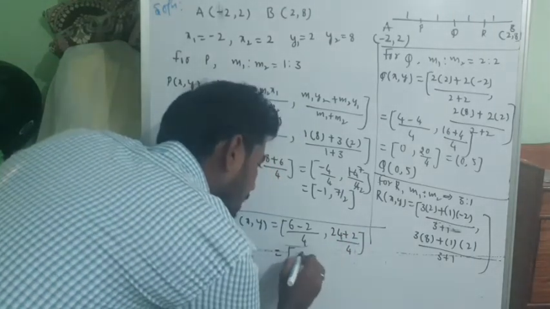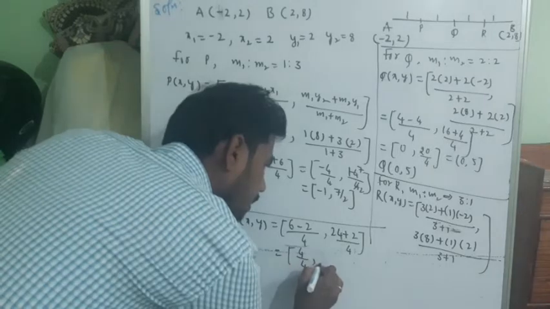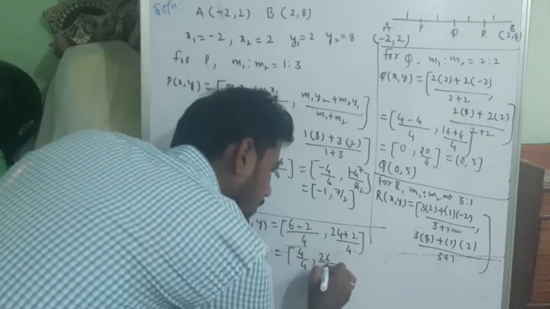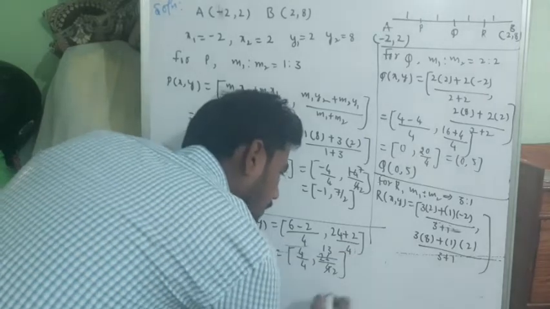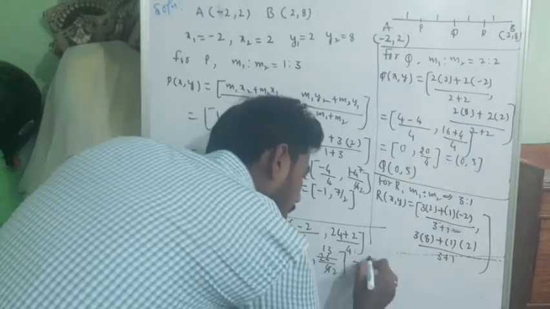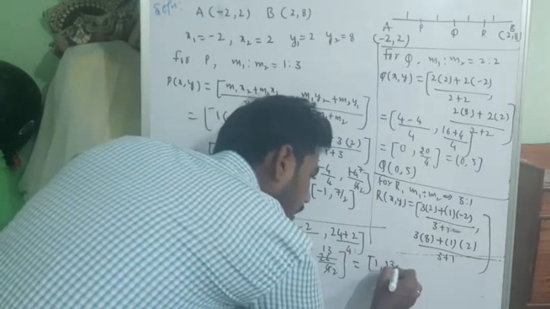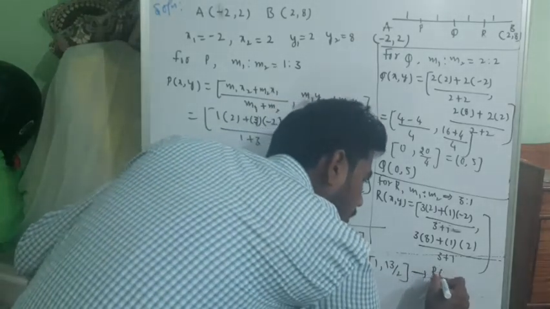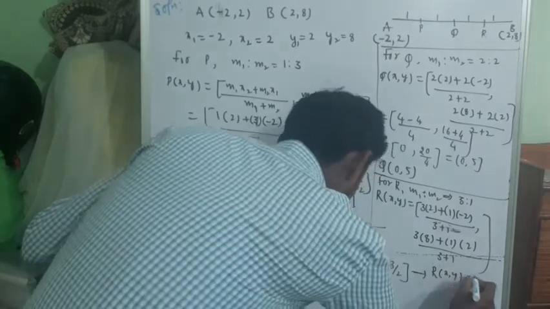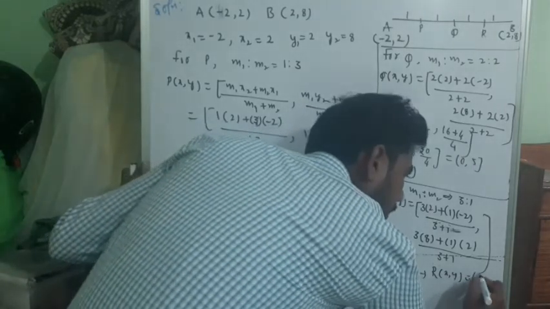So 6 minus 2 is 4 divided by 4, and 26 divided by 4 is 1 comma 13 divided by 2. So therefore R of xy is equal to 1 comma 13 by 2.